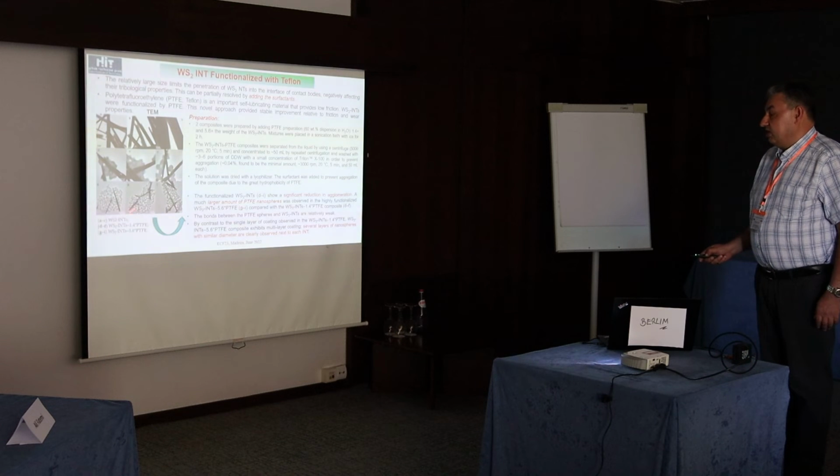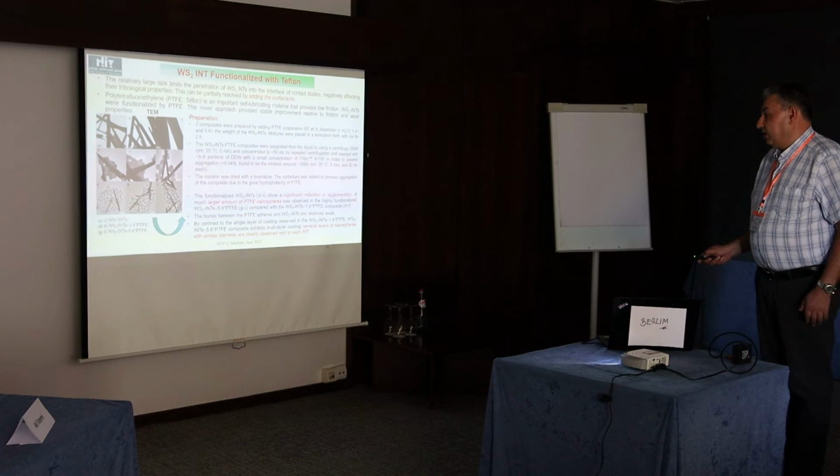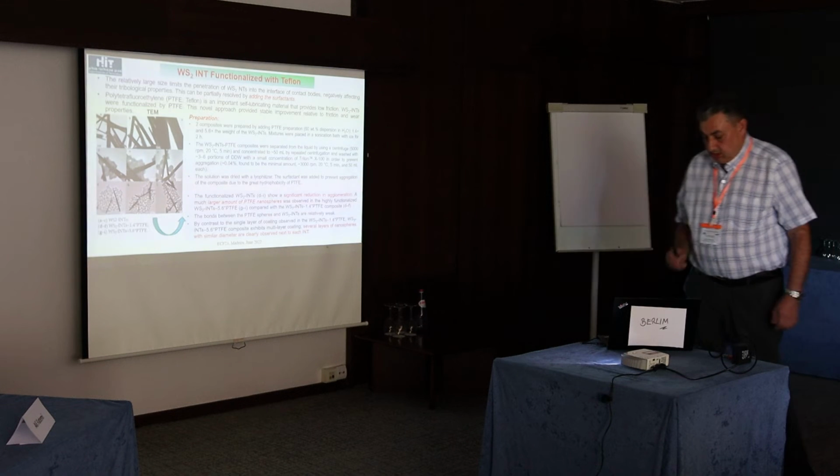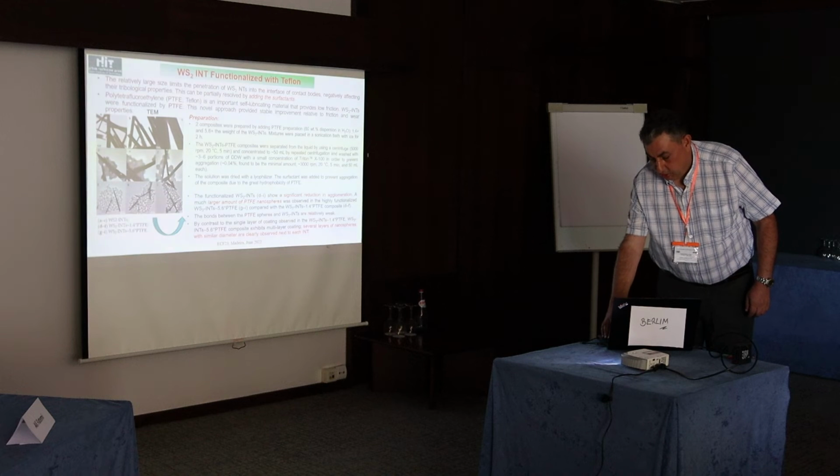And also in the case of high concentration of Teflon, we can see multi-layer coating instead of single layer as in lower concentration, but I will go to this point later.